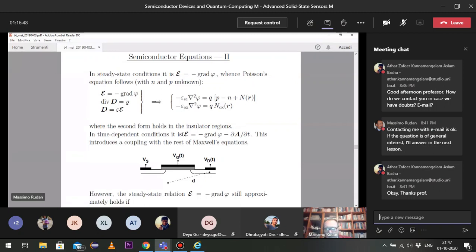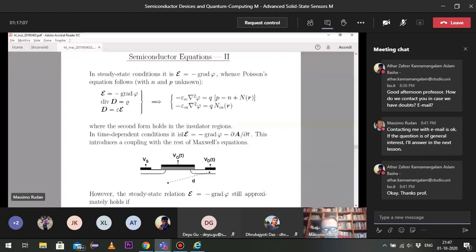So we may be induced to seek for some approximation that avoids using the time derivative of the magnetic potential.